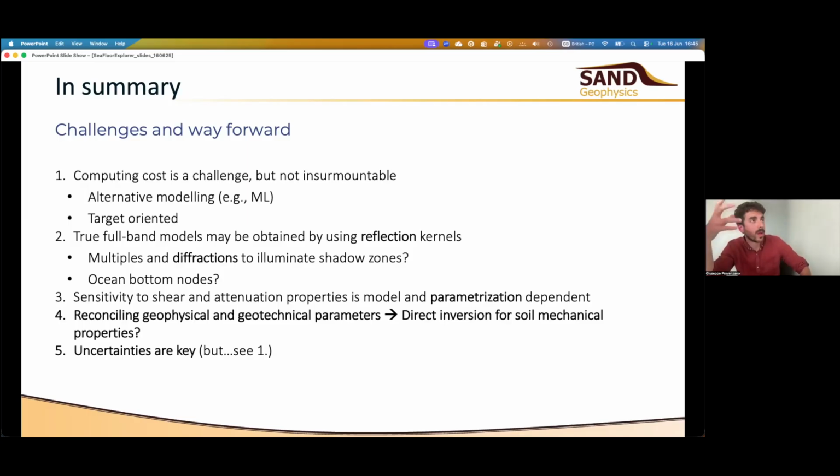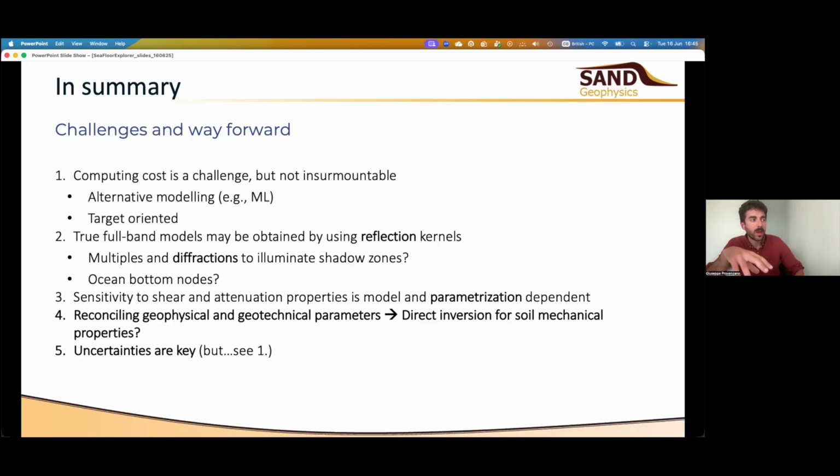the most open area of research is how to reconcile geophysics and geotechnics, as in now there's often a two-stage approach where you do a geophysical inversion and then there's some sort of machine learning tool that works on a training set data to do a prediction.